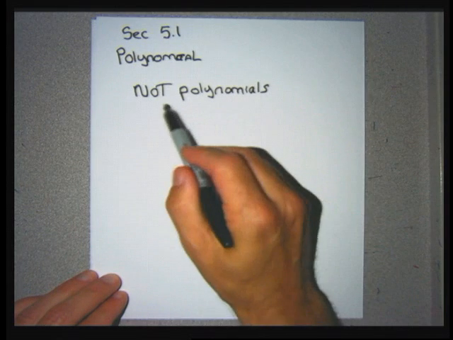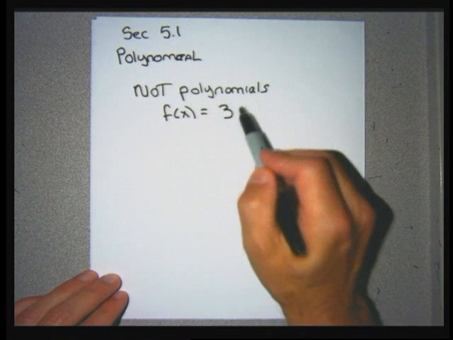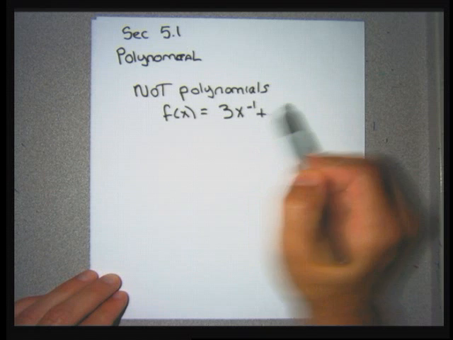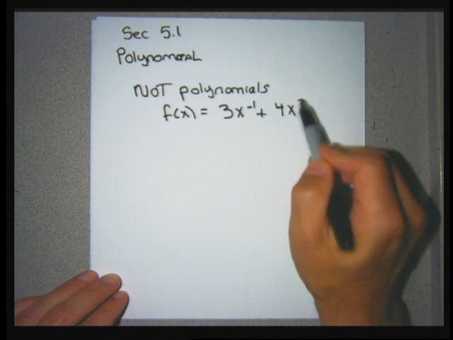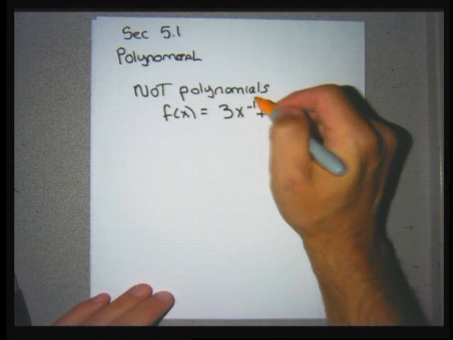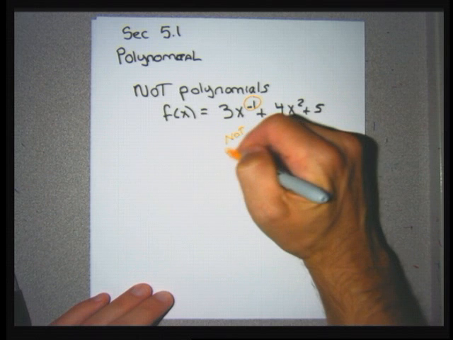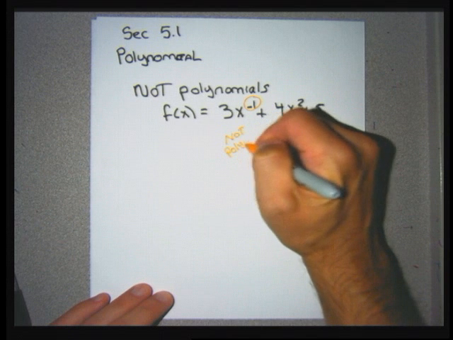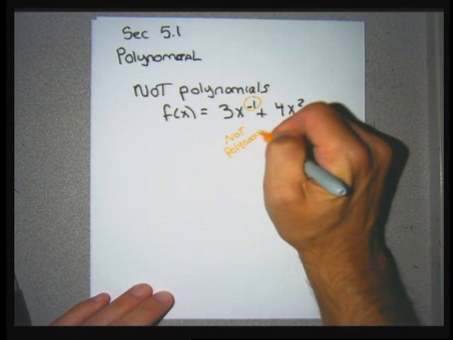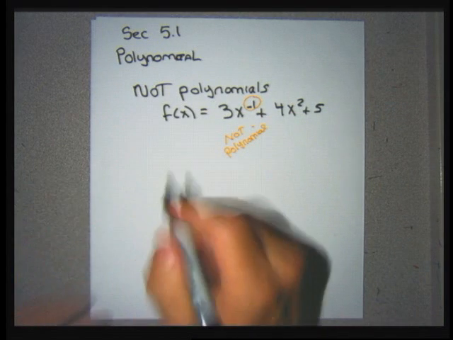A function like f of x equals 3x to the negative 1 plus 4x squared plus 5. The exponent of negative 1 makes this not a polynomial. To be a polynomial, all the letters have to have exponents that are integer exponents, positive integers at that.